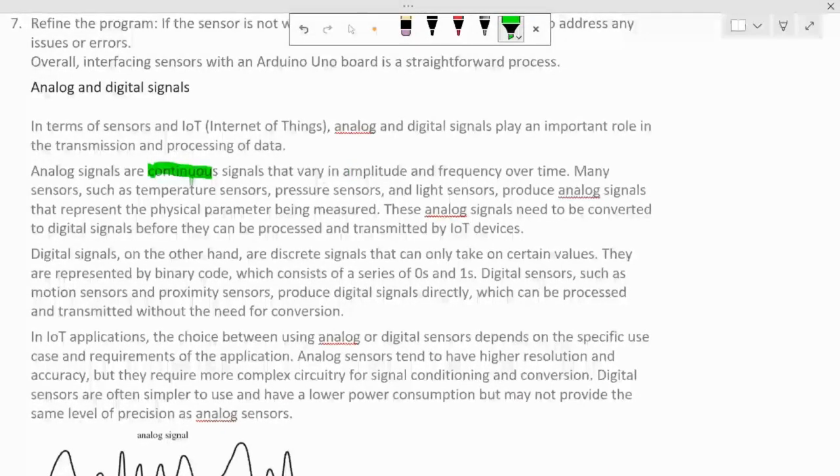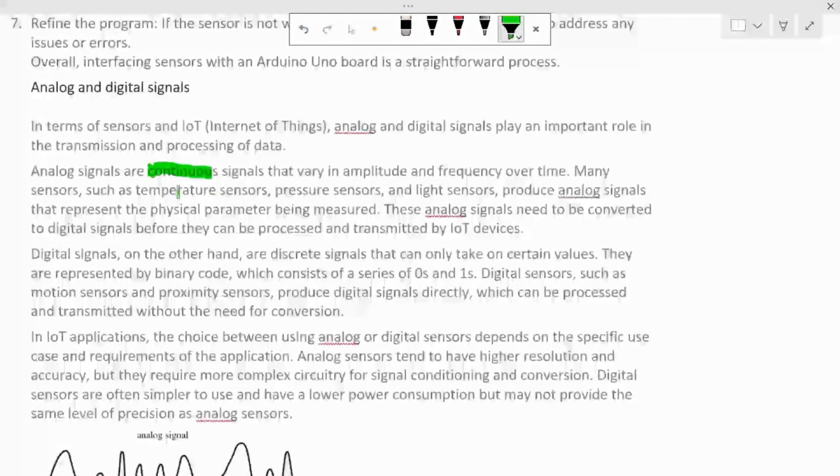Many sensors such as temperature sensors, pressure sensors, and light sensors produce analog signals that represent the physical parameter being measured. Generally in the physical environment we always get analog data, we don't get digital data.